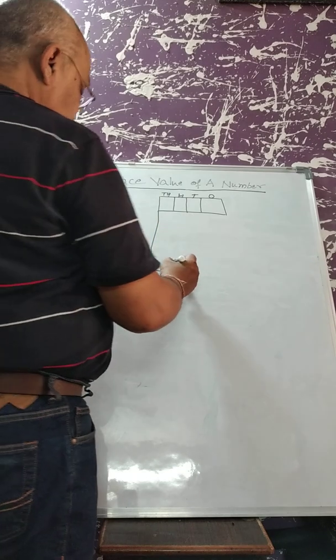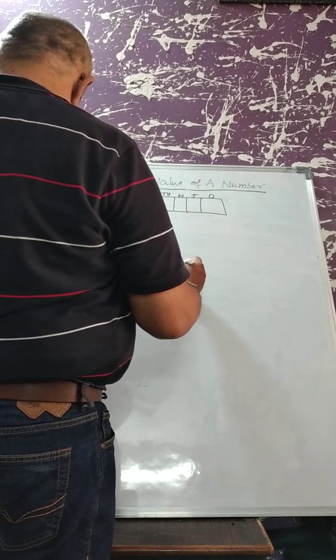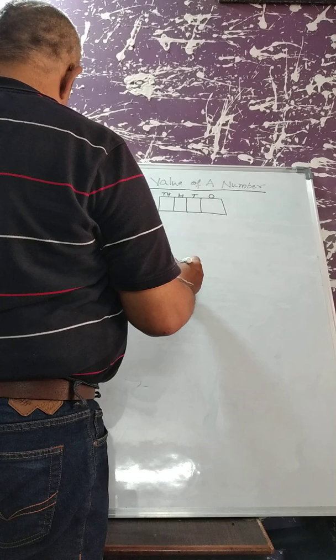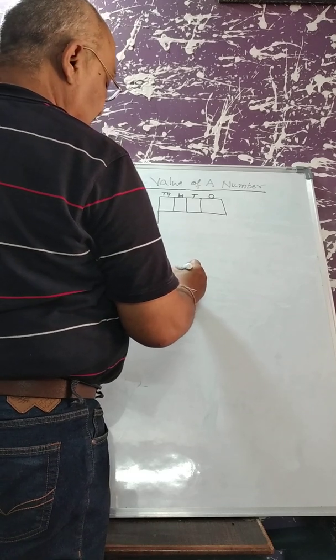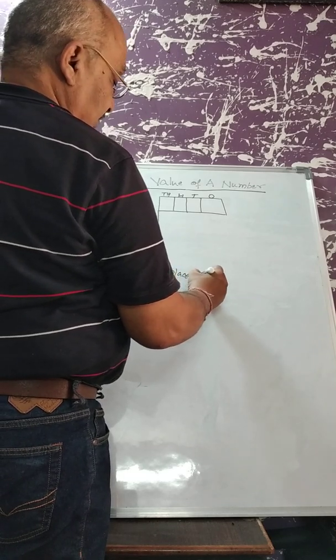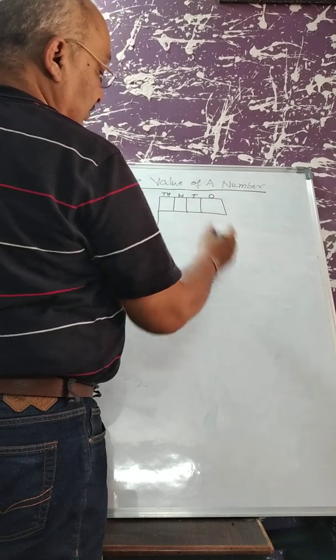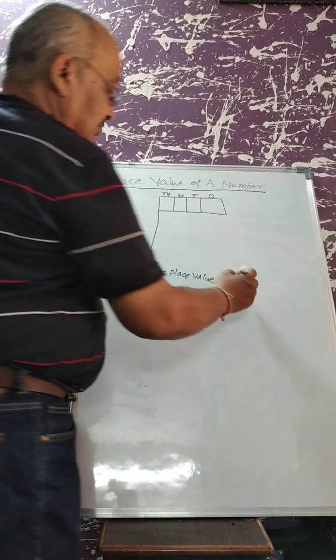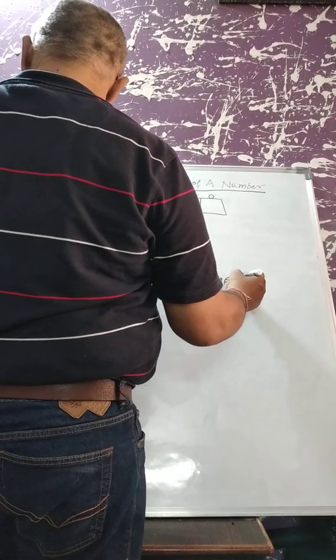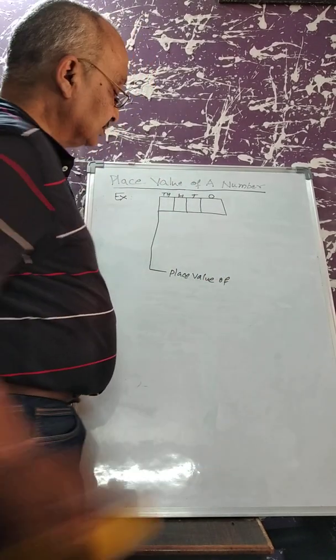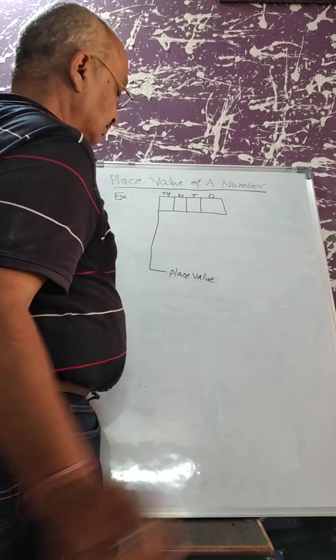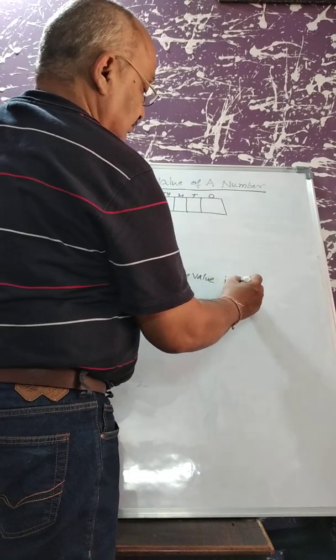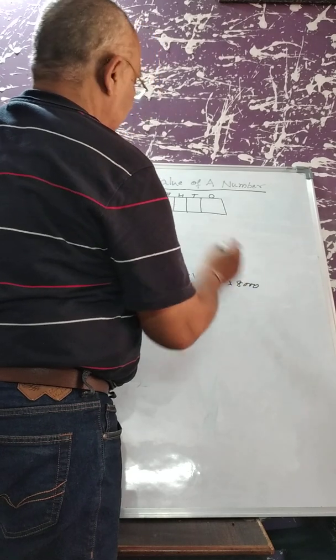So at each place the place value is given, and you have to find out the number. Place value of thousands is 8,000.